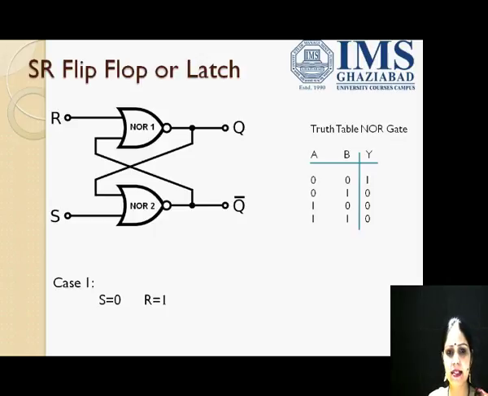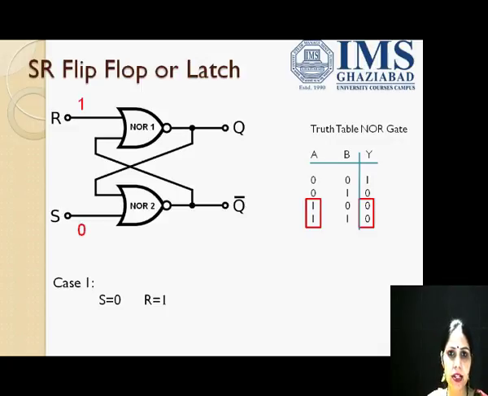Say S is 0 and R is 1. In this truth table, we can clearly see if any one of the inputs for NOR gate is 1, the output is 0. This can be used in the result of this particular SR flip-flop.